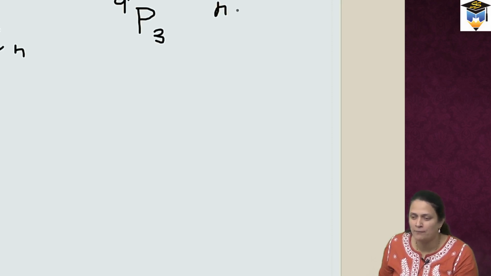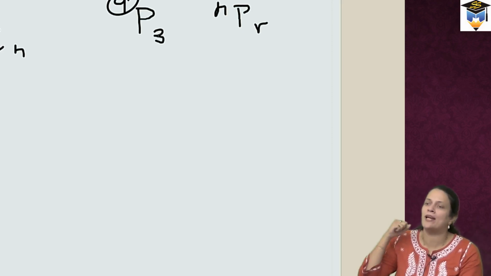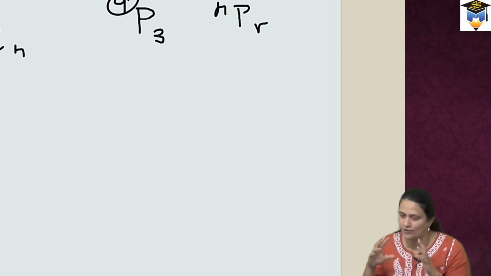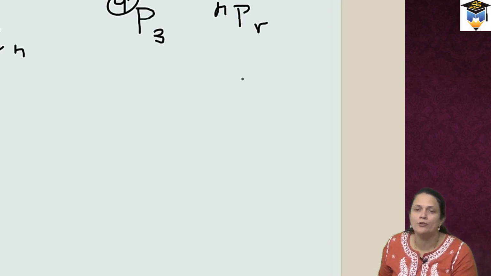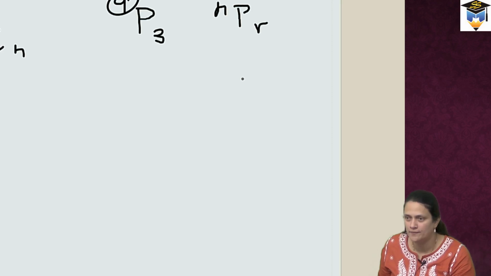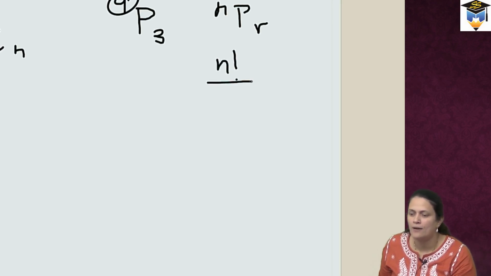NPR, where N is the total number of children, R is the number of children whom I am going to select. So this is given by the formula. Do you know what is the formula? N factorial upon N minus R factorial.